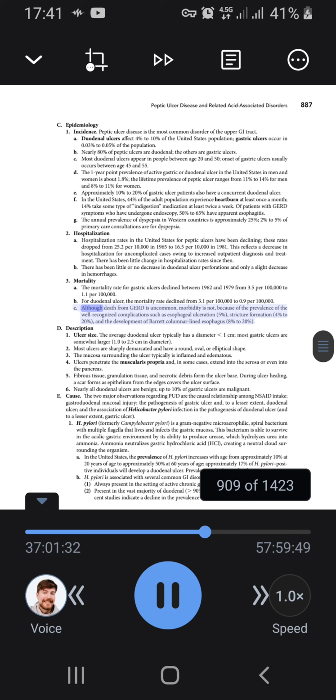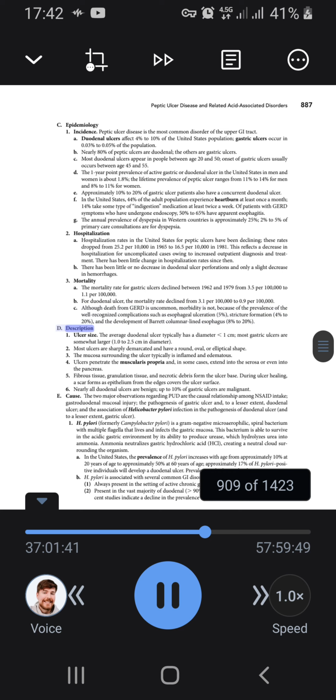C. Although death from GERD is uncommon, morbidity is not, because of the prevalence of the well-recognized complications such as esophageal ulceration, 5%, stricture formation, 4% to 20%, and the development of Barrett columnar-lined esophagus, 8% to 20%.